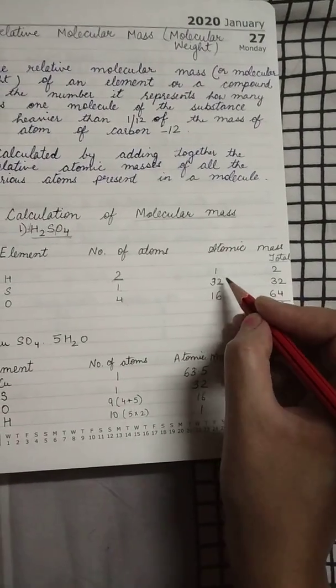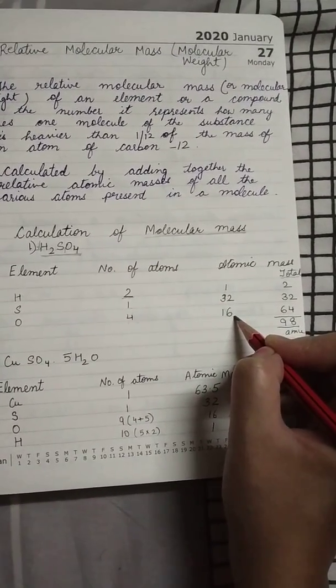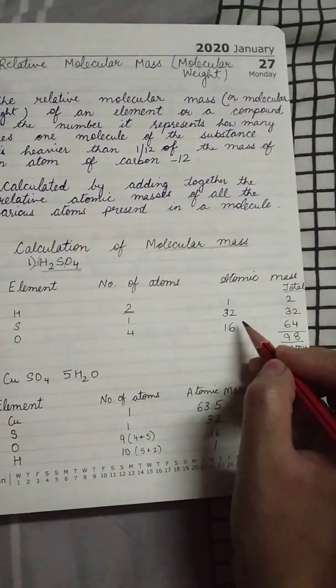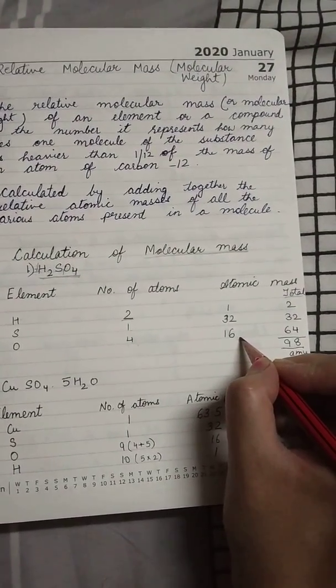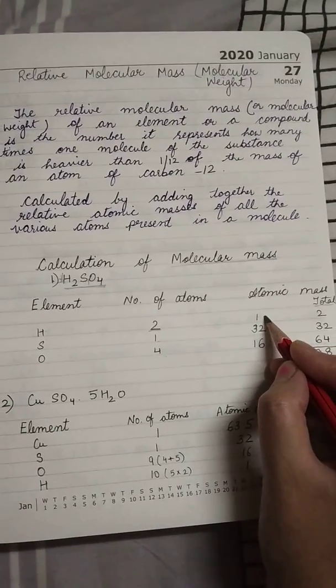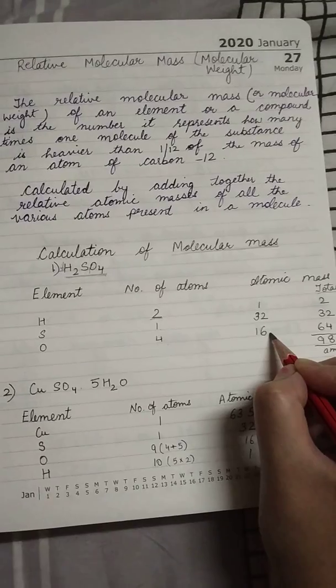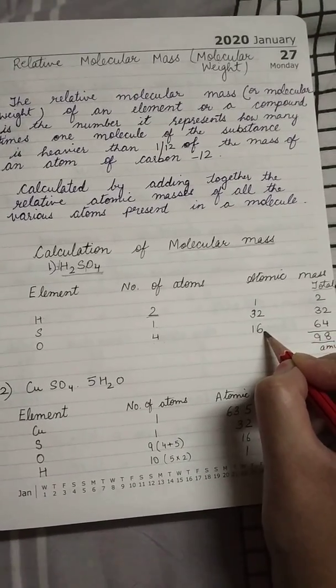So you have to learn a few of them as you will be solving various numericals. By the end of class 9, I am sure you will have learned them all by heart. Now hydrogen atomic mass is 1, sulfur it is 32, oxygen is 16. So we just have to copy it down.